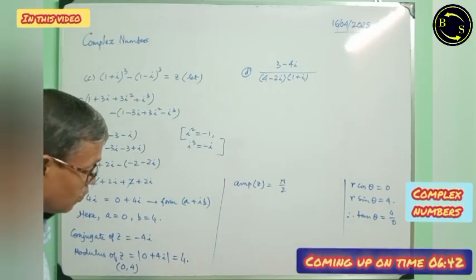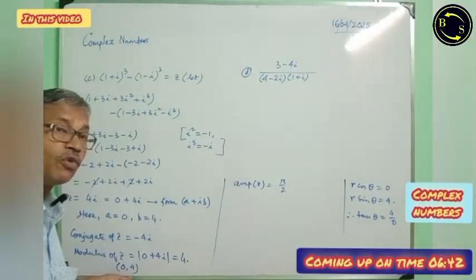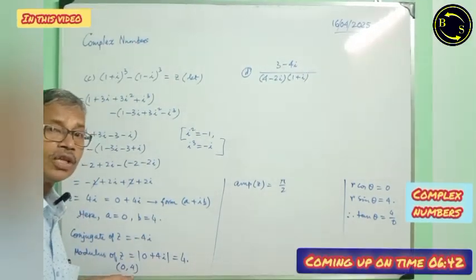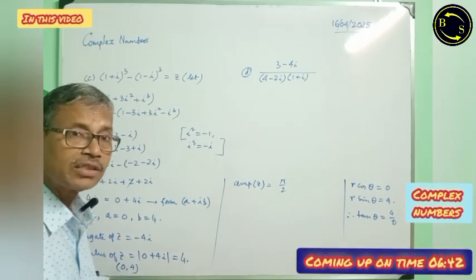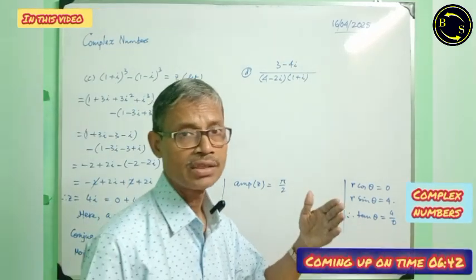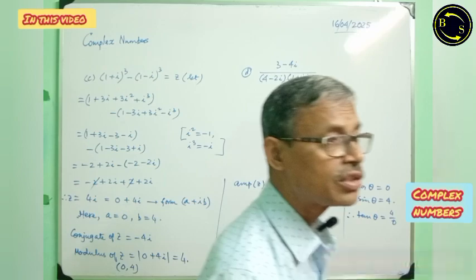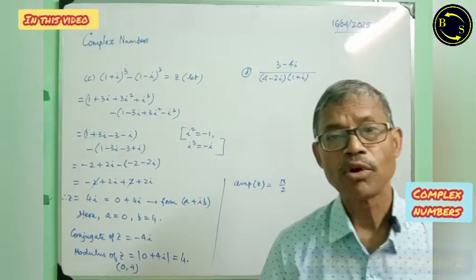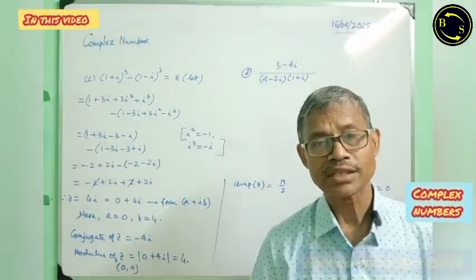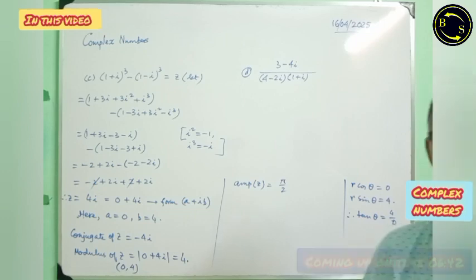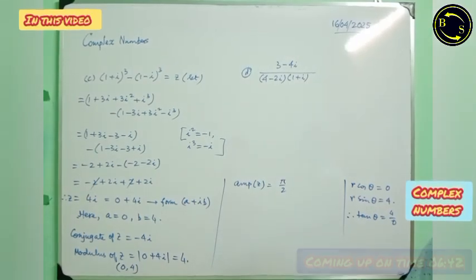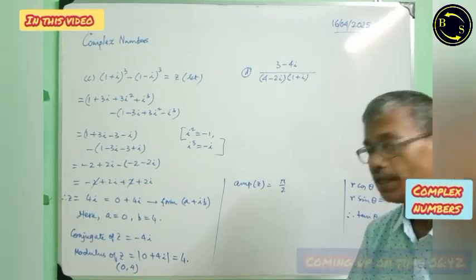Learner students, you note that 0, 4 is lying on the positive part of y-axis, that is above x-axis, and already I have discussed that if the point lies above the x-axis, you have to express the amplitude or argument in the positive angle form.